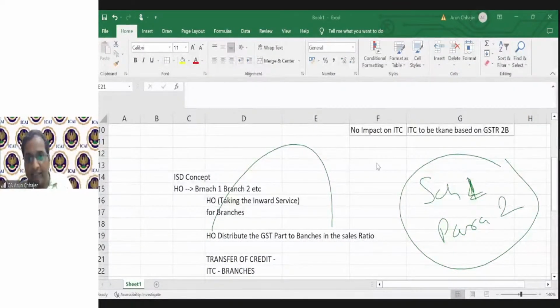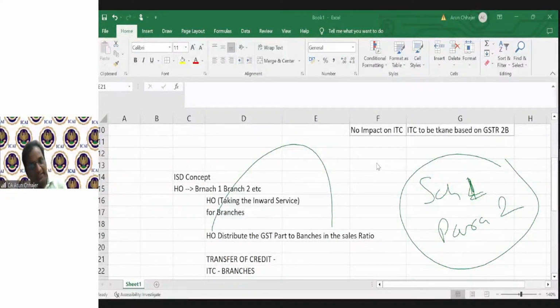ISD एक अलग कैटेगरी का रजिस्ट्रेशन है. जैसे हम बात करते हैं ना कि कंपोजिशन लेवी में मैं रजिस्ट्रेशन ले सकता हूं. In the same pattern you have multiple categories, out of which one category is the ISD.